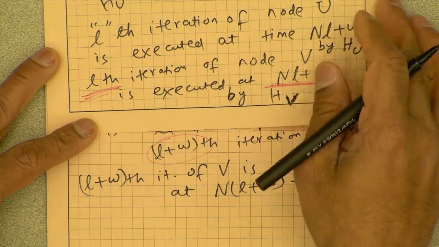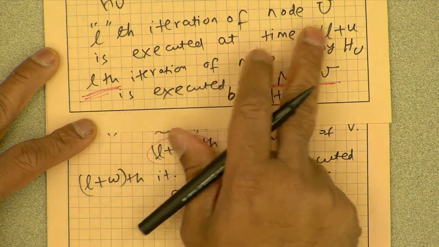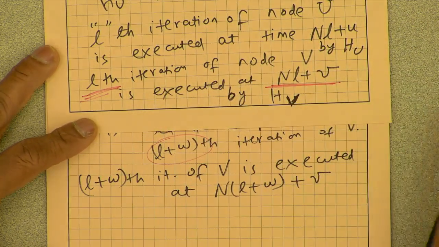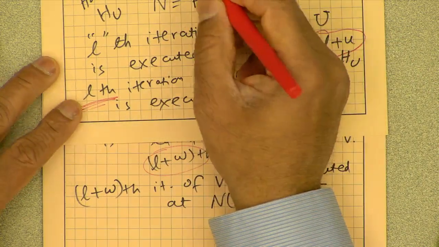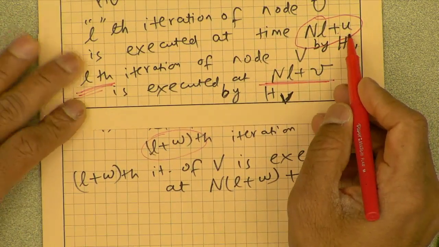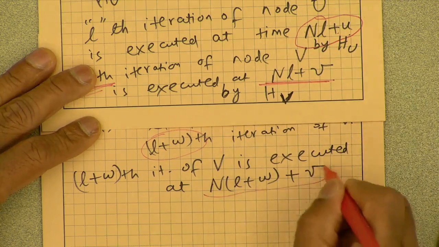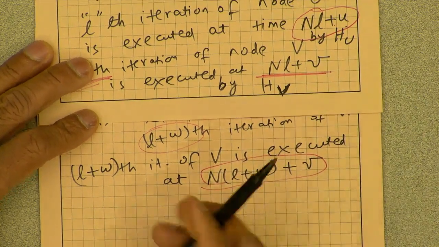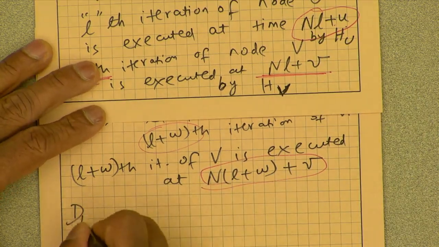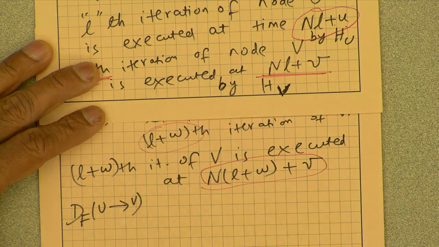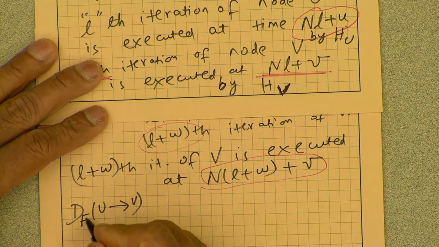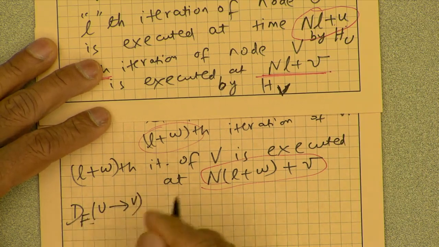All right. So now we know that the Lth iteration of node U is executed at time nL plus u. I get the result of computing this node U at time n times L plus u. I need to use that result at this time. And that says that I need to store it, so every edge from U to V needs to be stored. So I call that the folded delays. This is the number of delays in the folded data flow graph.